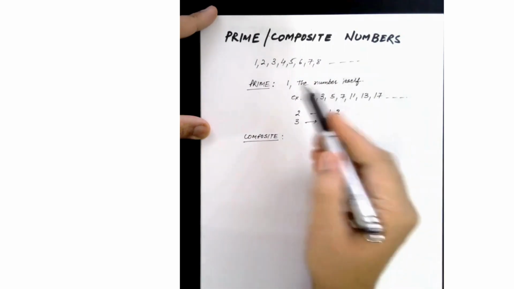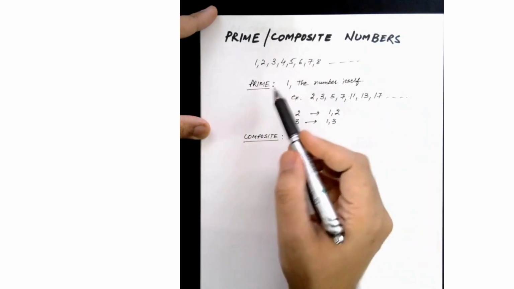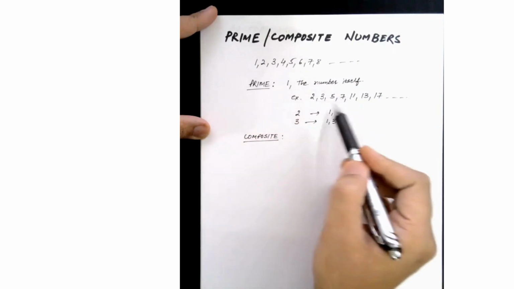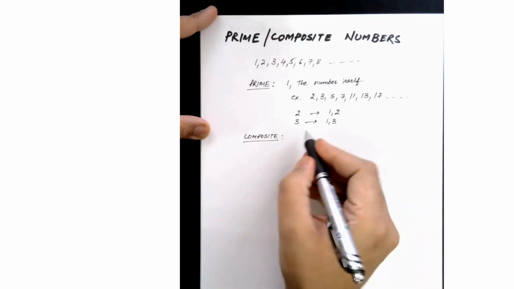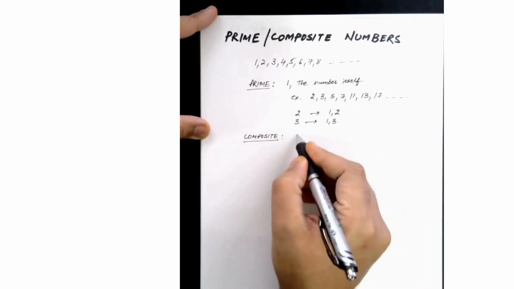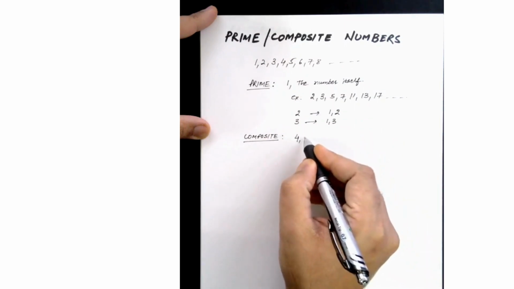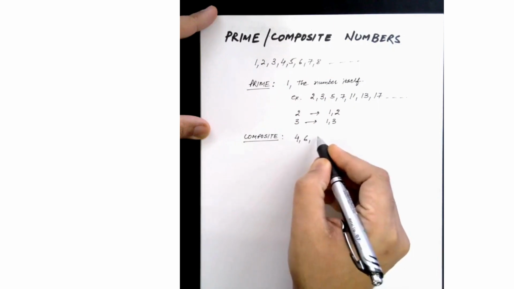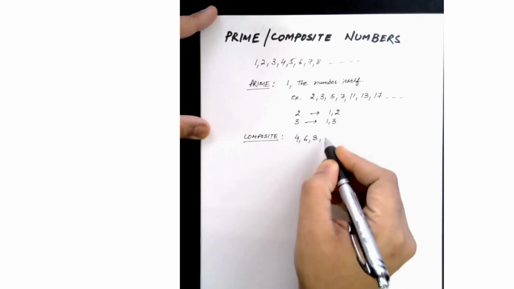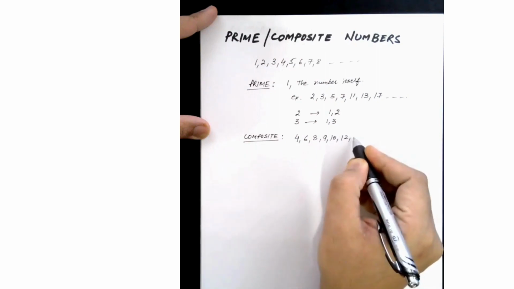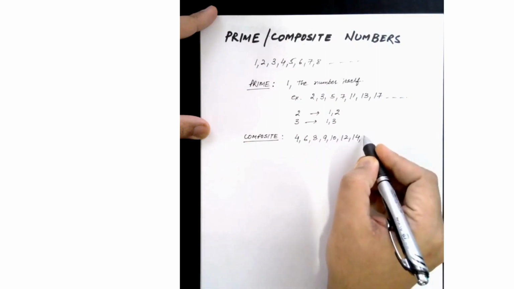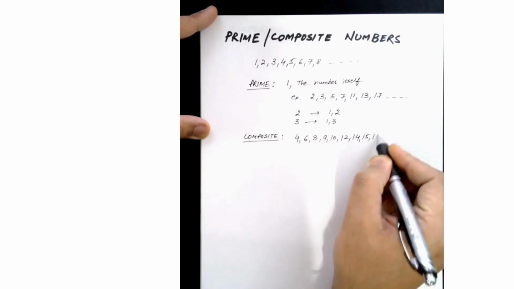And when we say composite numbers, in the above set all the numbers apart from the prime numbers are composite numbers. For example, you have 4, 6, 8, 9, 10, 12, 14, 15, 16 onwards.